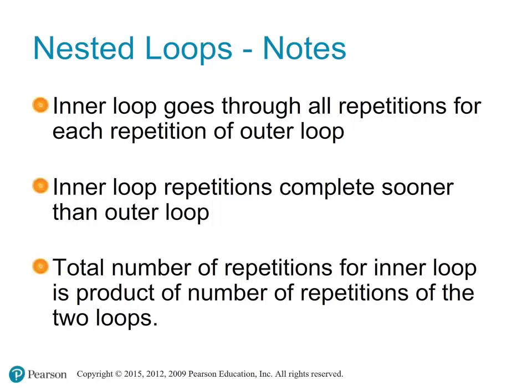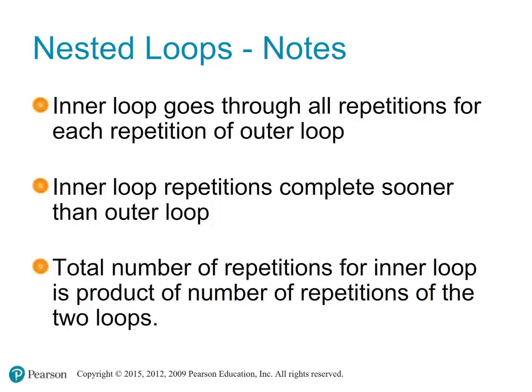The inner loop completes its repetitions faster than the outer loop because it runs to completion for each iteration of the outer loop. Think of it as a clock where the second hand, which is the inner loop, completes its circle faster than the minute hand, which is the outer loop.